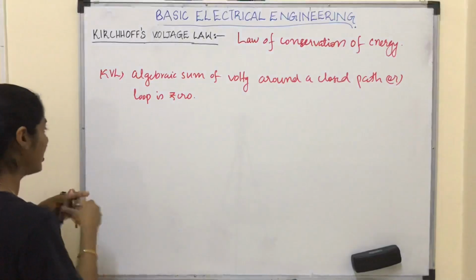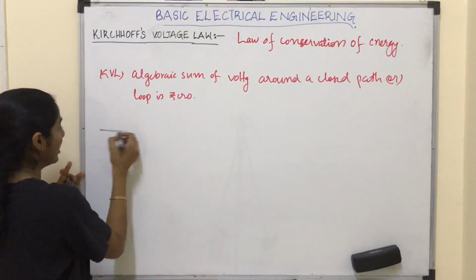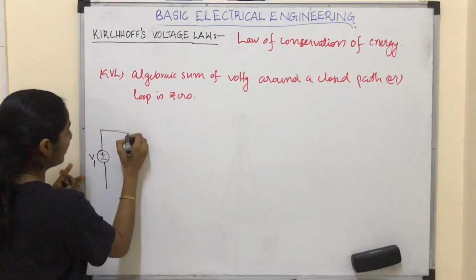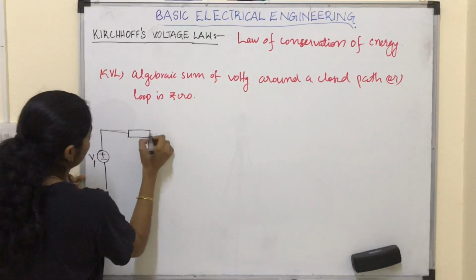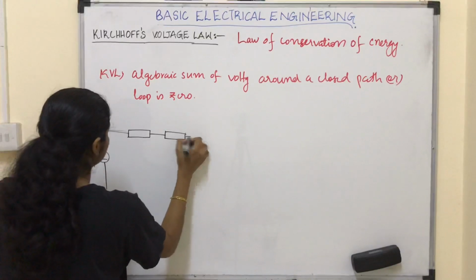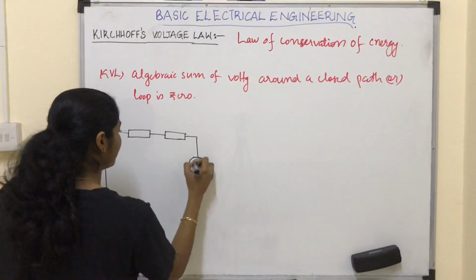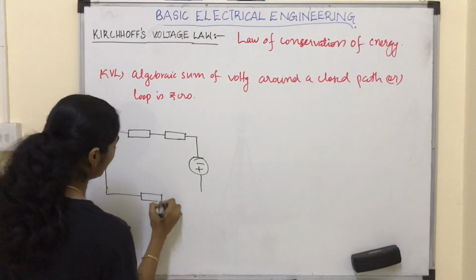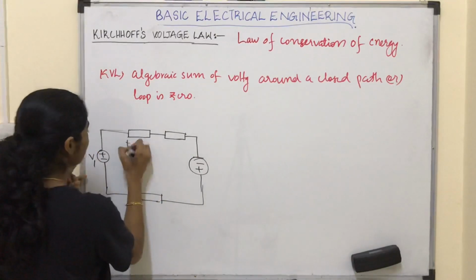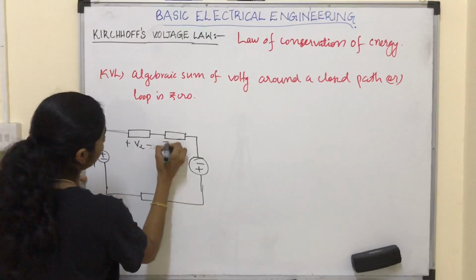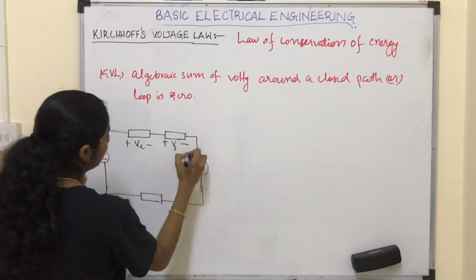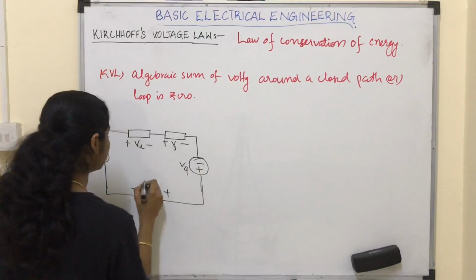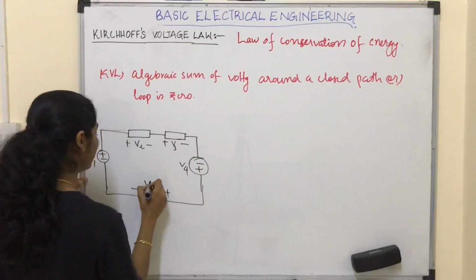Here I am going to consider a circuit. Let this be V1 and another circuit element V2, V3, V4, and this is V5.